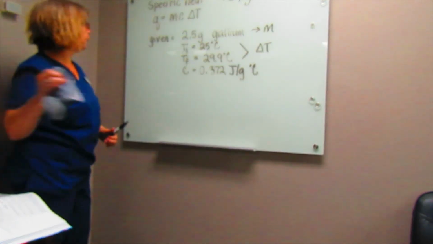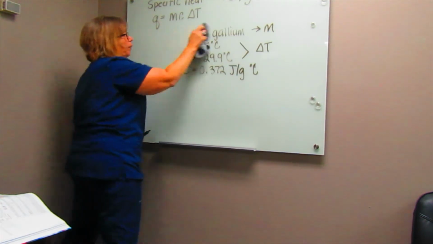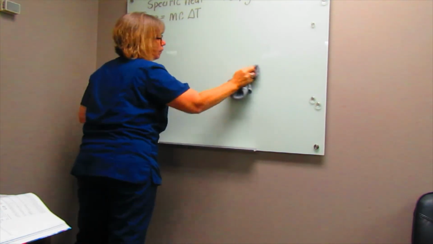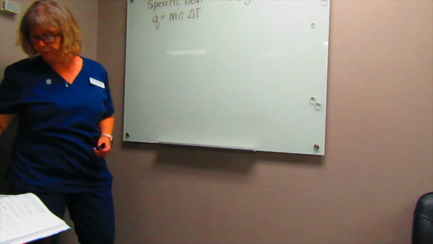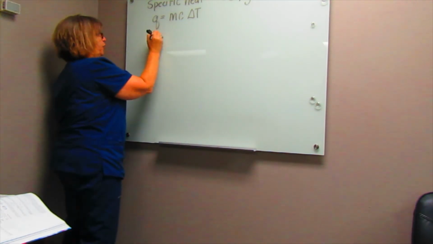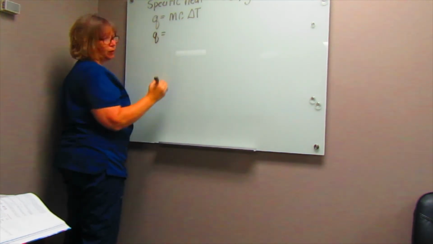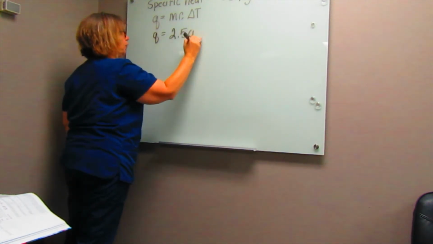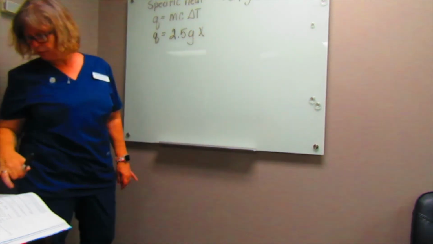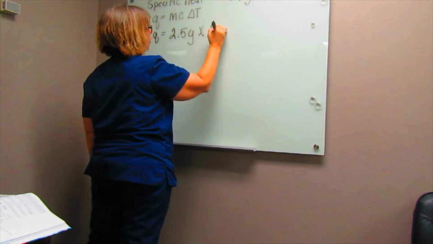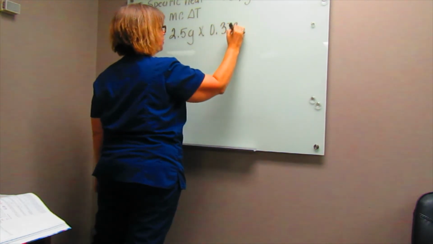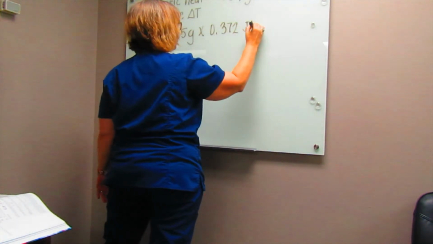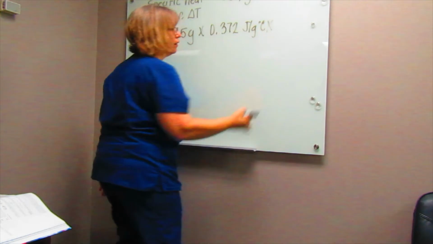So with our given information, we have Q equals 2.5 grams times 0.372 joules per gram degrees Celsius.